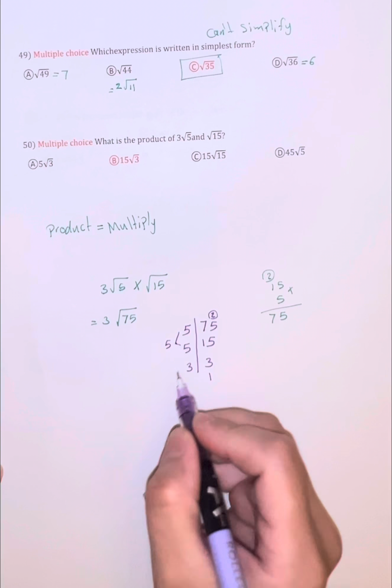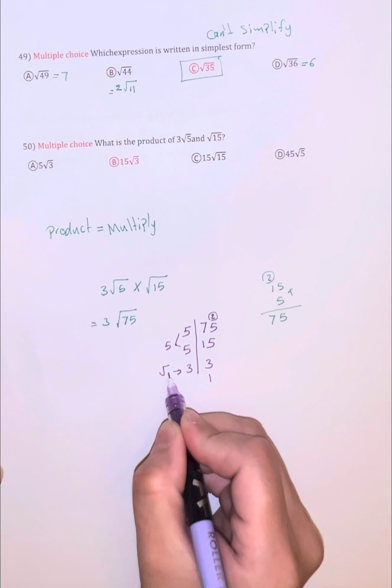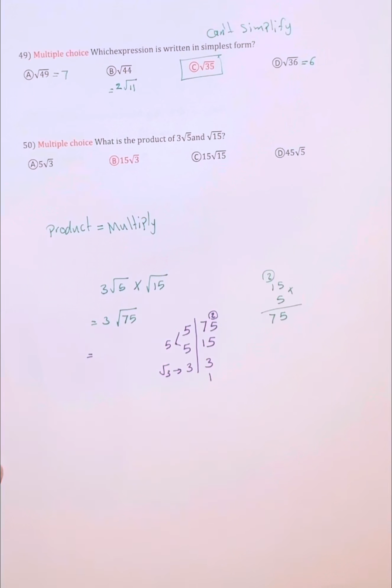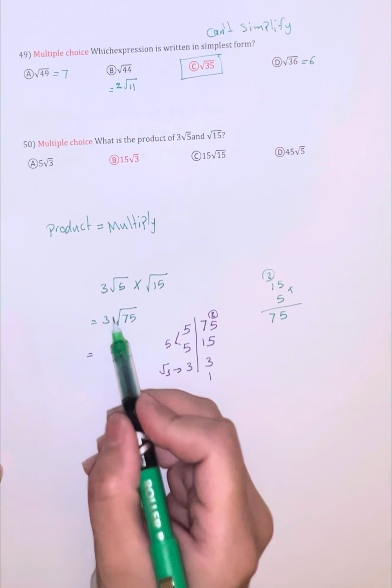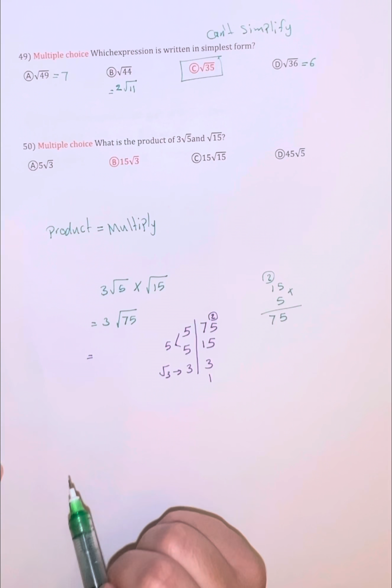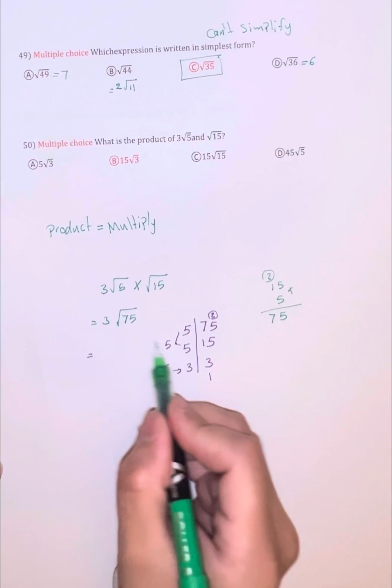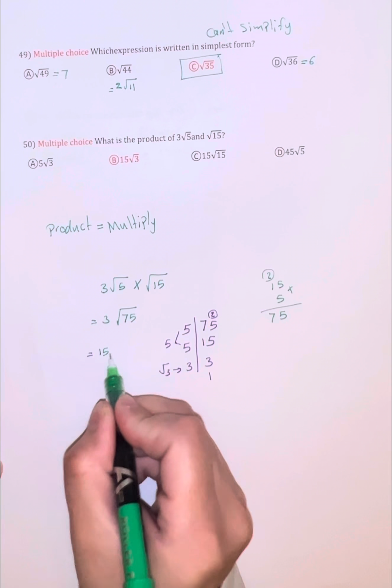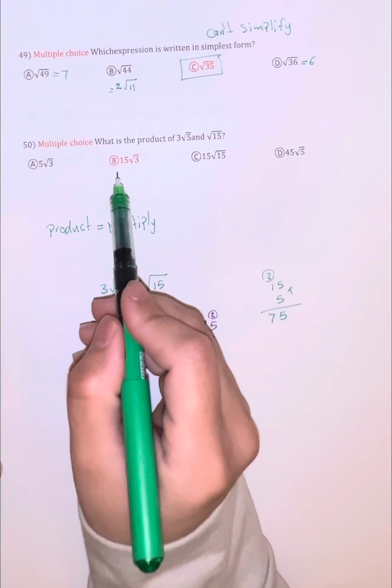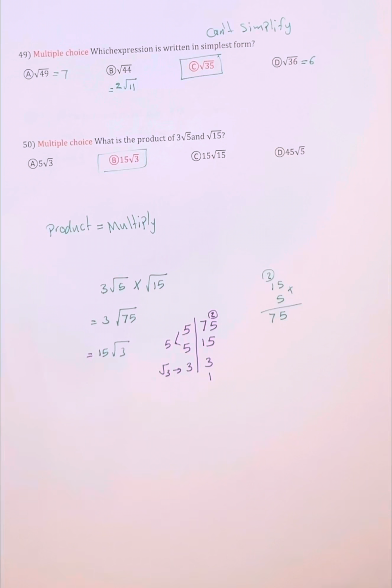So 5 and square root of 3. Equals, because we have 3 next to the square root, I will multiply them, it will be 15 square root of 3. And B is the correct answer.